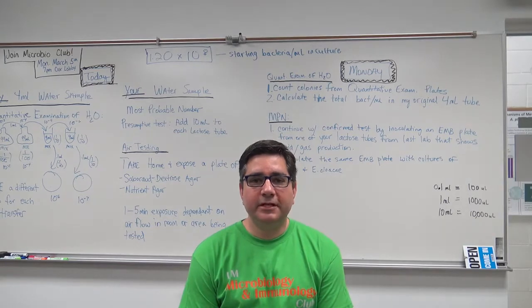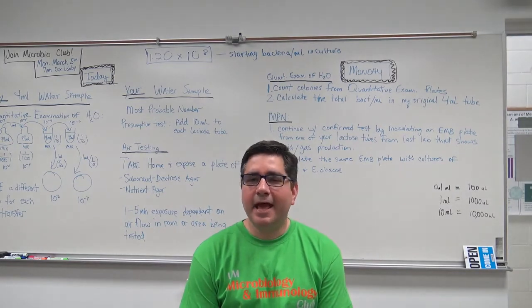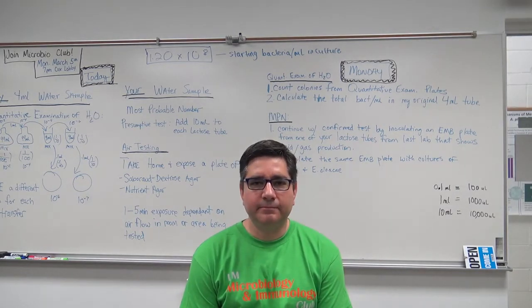After incubation, these cells have replicated to the point that we are able to visualize them as colonies. Please refer to video 17 entitled How to Spread Plate an Organism.